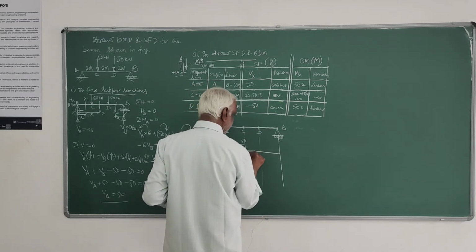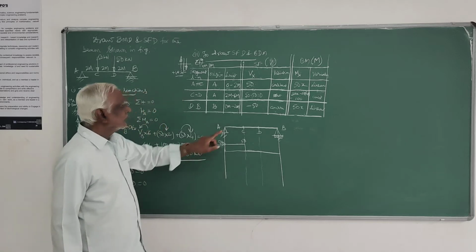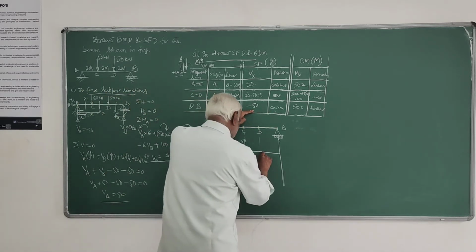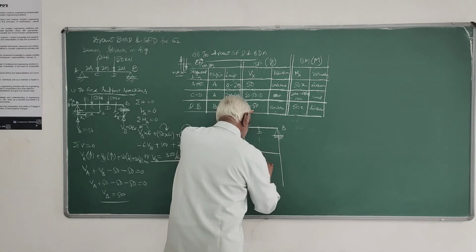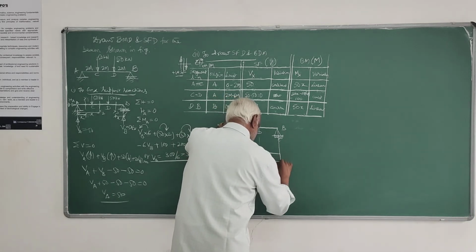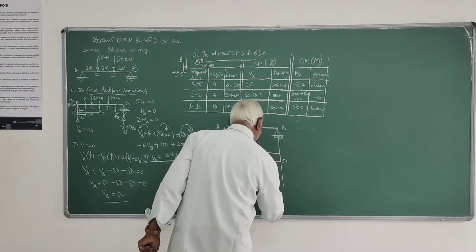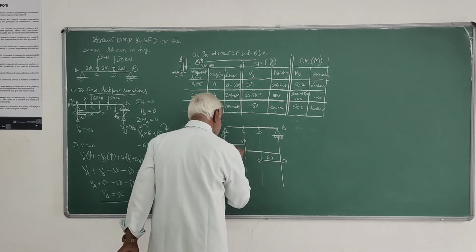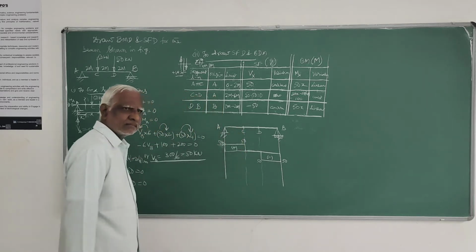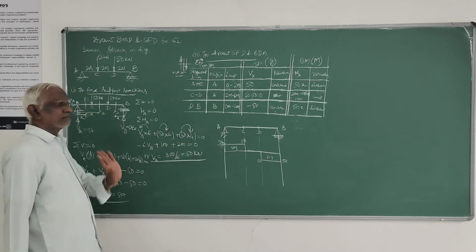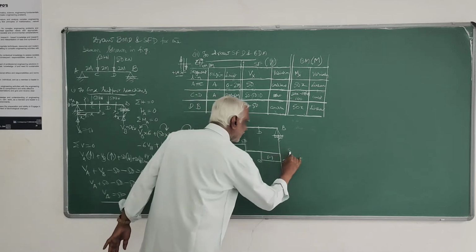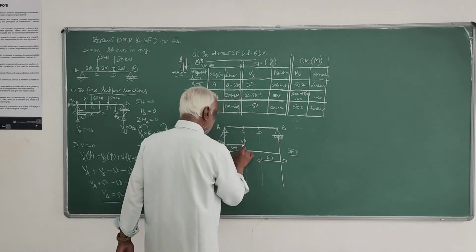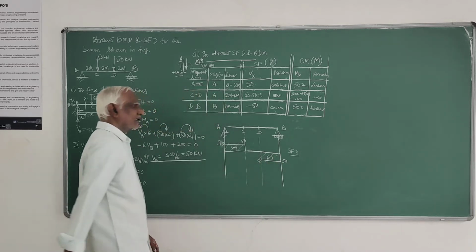C to D it is 0. Then here it is minus 50. That is down. So this is minus 50, and plus 50 on the other side. Clear? Yes. One can hatch it. This is 0.